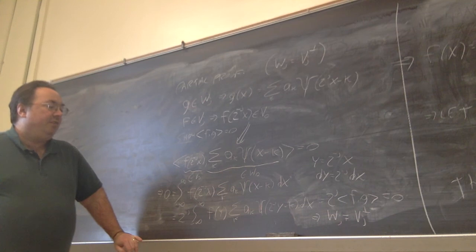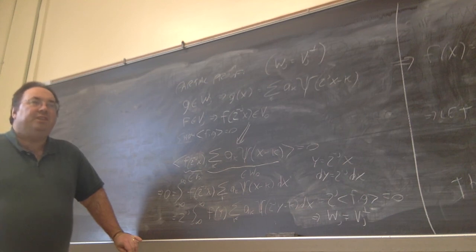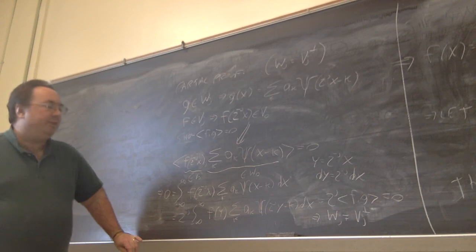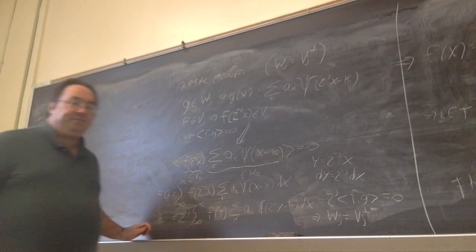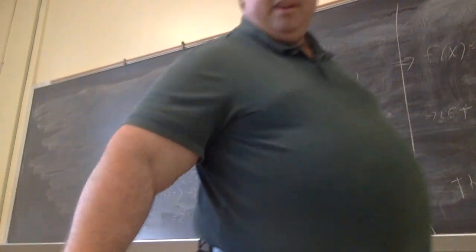Okay. And the thing is, all these functions, if you take Wj and Vj together, those make up all the functions in V j plus 1. So that's the space that you're taking your orthogonal complement within. Okay.